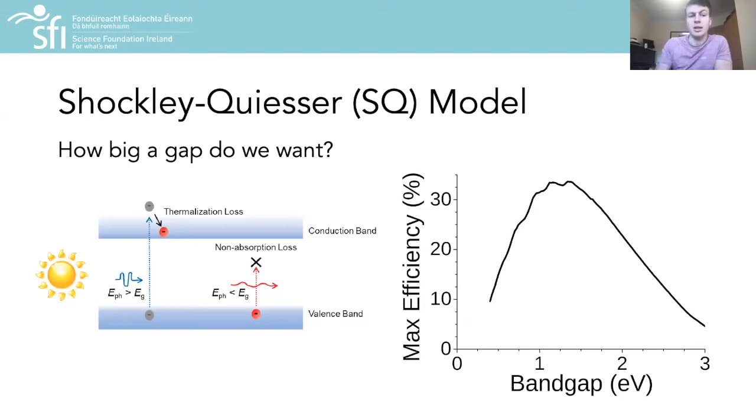In reality, it is a highly idealized model, so it involves a number of unrealistic approximations, such as perfect absorption above the band gap, ideal charge carrier collection, so no non-radiative recombination of electrons and holes before extraction, zero resistance at the device interfaces, etc. But it is, as I said, a very useful model for being able to predict an upper limit to efficiency straight from the band gap energy.